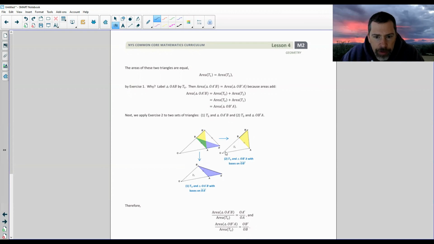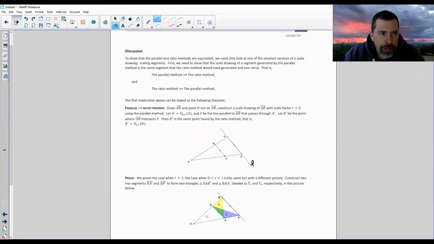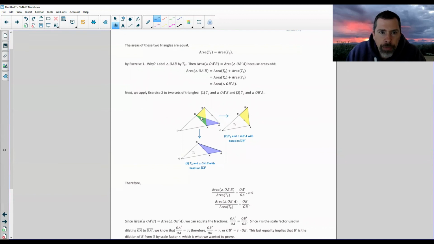Okay. Area T naught plus area T1 is the area of this. This is T naught, this is T1. So let me label that because they aren't labeled here, just to make sure. The yellow one is T1. So I'm going to label that so we have it. This little piece here is T1 and the purple is T2.